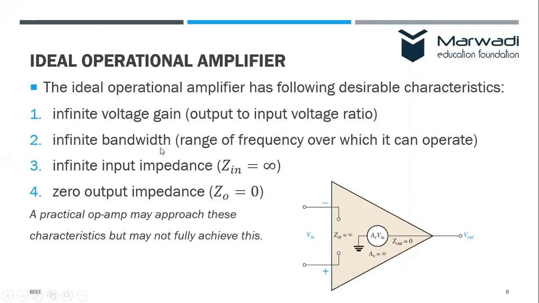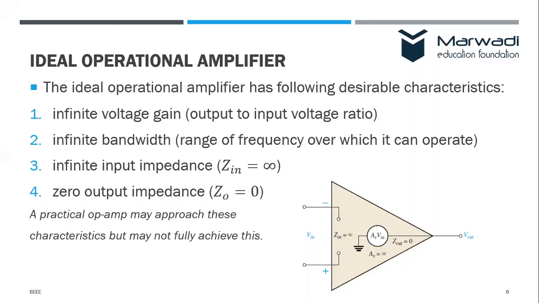The bandwidth is a range of frequency over which it can operate satisfactorily. Okay. For example, let us consider one signal, right? Now, a signal can have a frequency of 10 hertz. The frequency can be 100 hertz, it can be 1000 hertz, and it can even be 20 kilohertz or 1 megahertz in case of communication circuits, right?